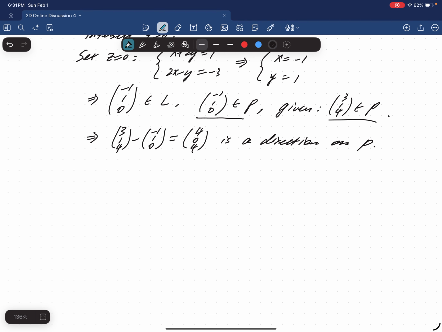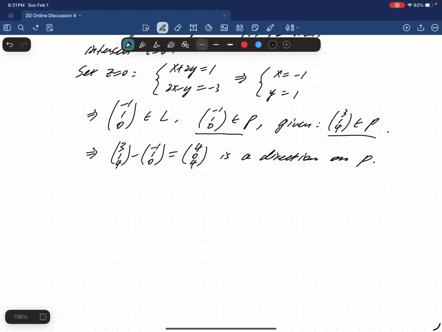Great, so we now have two independent directions for the plane, so we can get the normal.